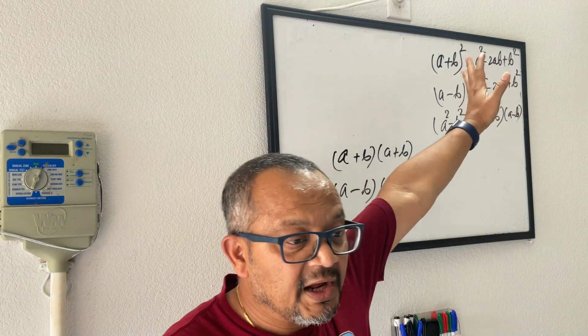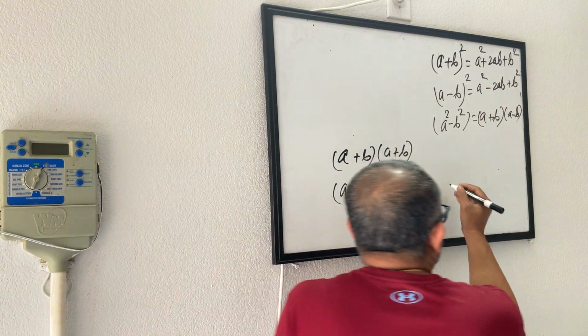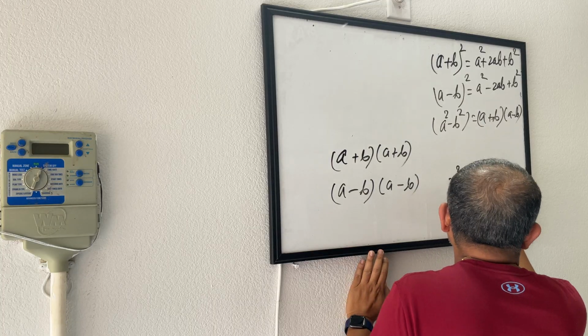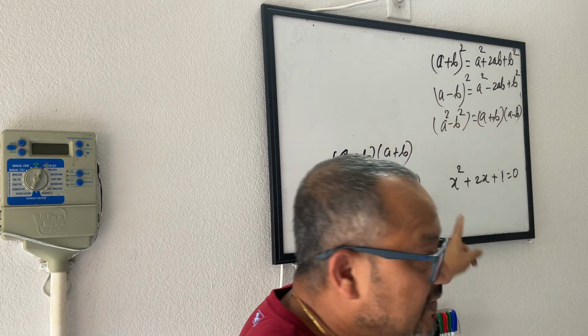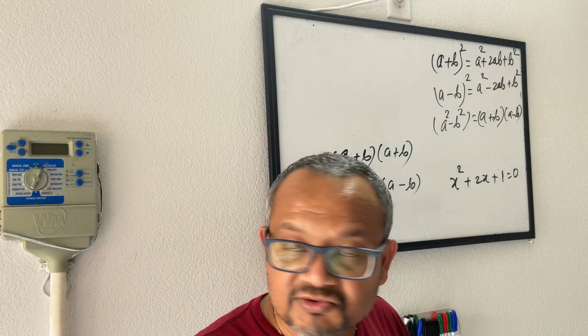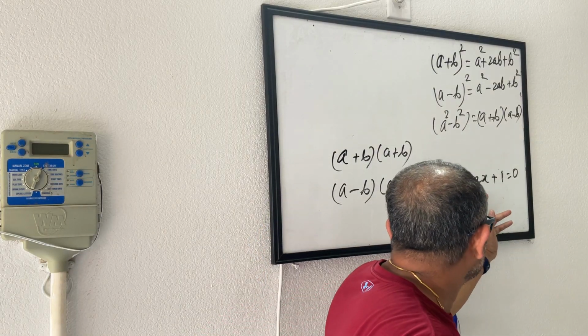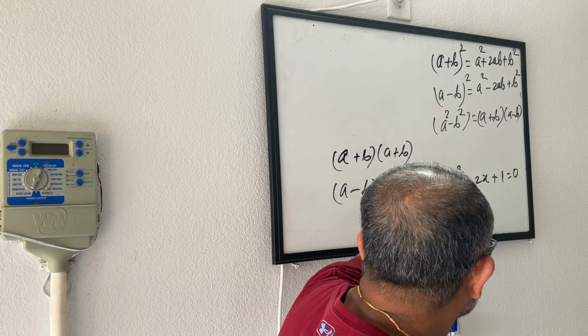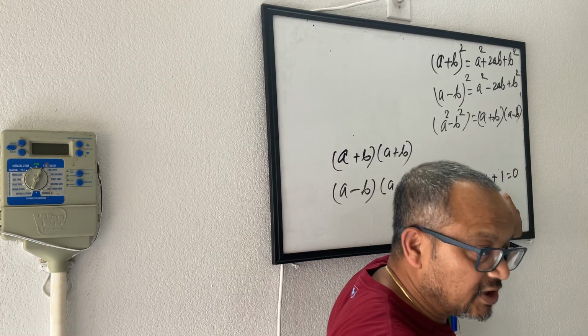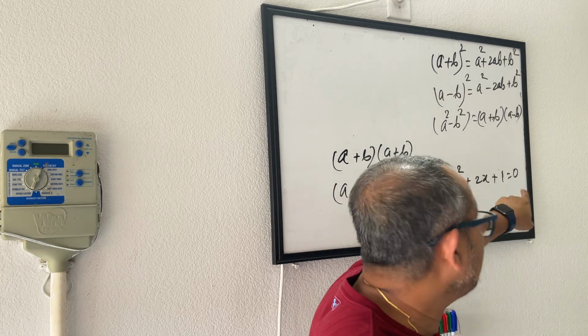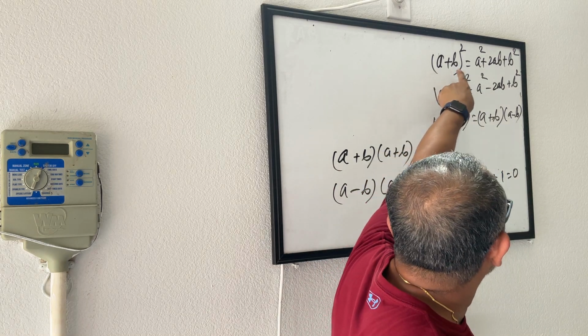Why is it important? Because tomorrow somebody says solve x square plus 2x plus 1 equal to 0. Solve it for x. As soon as you see this equation, you will say, oh, this is x square plus 2 into 1 into x plus 1 square, which is 1. It is (x plus 1) whole square.